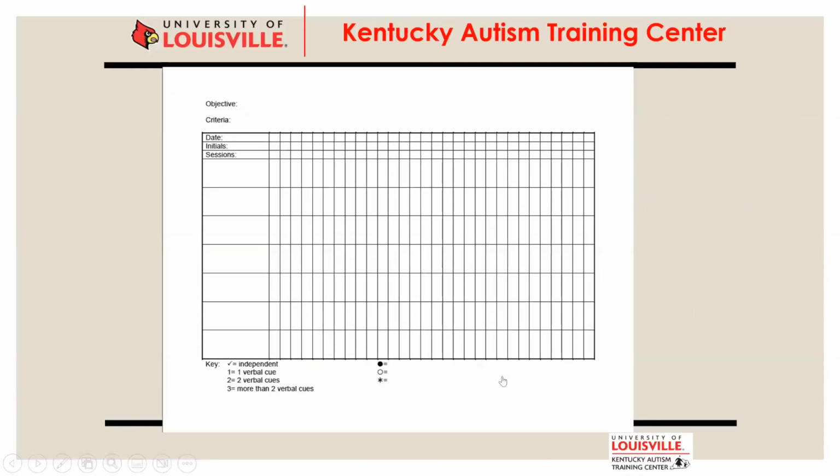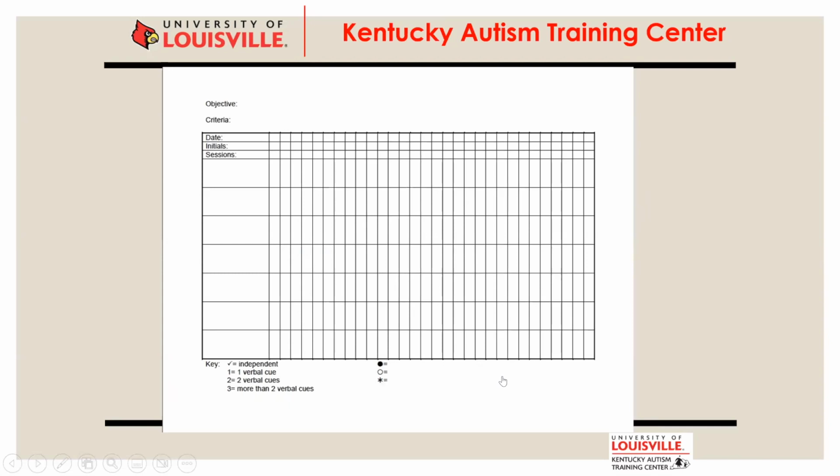So let's look at a data sheet. I always want to think about, how am I going to take data on this? Who's going to be responsible? There is a version of the sheet inside of that resource folder. What I like about task analysis is, if I'm using this as a piece of systematic instruction, I can break this down step by step.